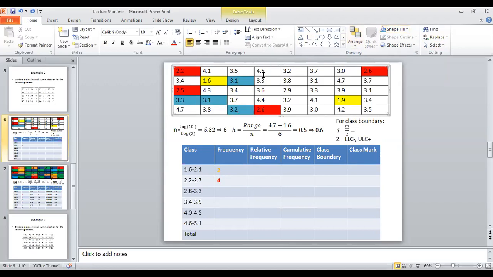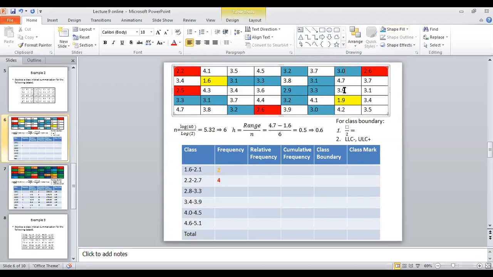There seems to be a lot of values over here. The frequency is supposedly very high. And then we have got this one, and this one, and the third 3.0 will also be part of it.